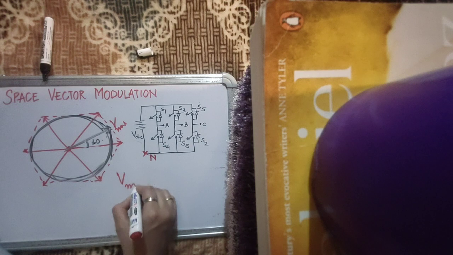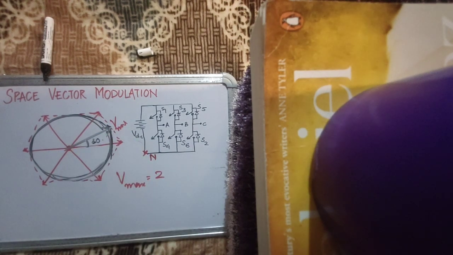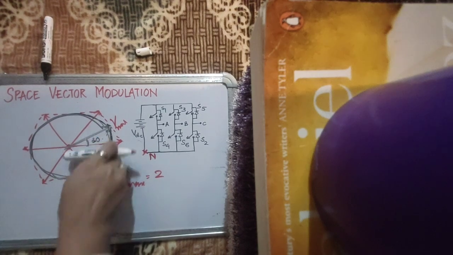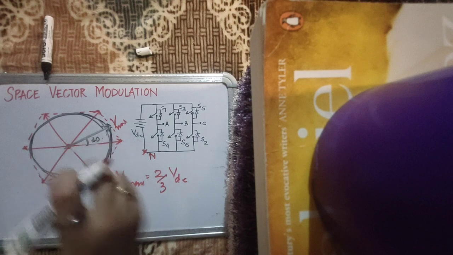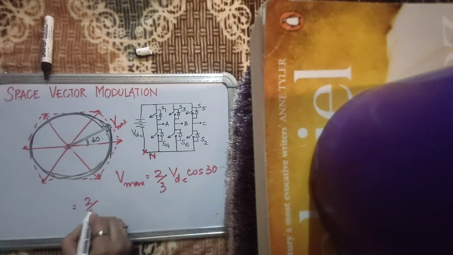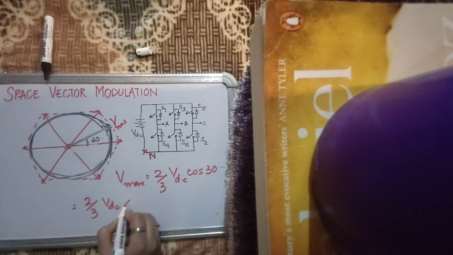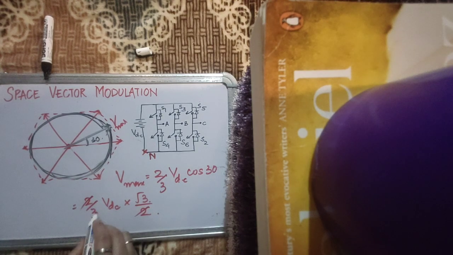V max will be V1 or V2 cos of 30, the projection of this on this, 2 by 3 VDC, which is the length of the vector V1, into cos of 30, which is 2 by 3 VDC into root 3 by 2. This goes, this goes, this becomes VDC by root 3.